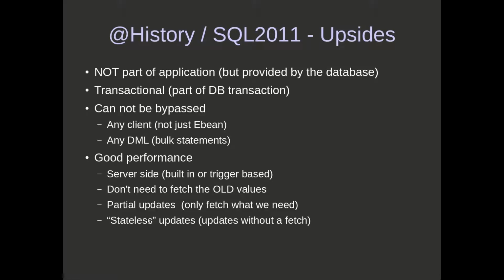So that means we can do two things that we really like to do with Ebean, which is partial updates: only fetch what we need, and then we're more efficient with the database. We can do the partial update. And the last one here is, hey, let's not even fetch from the database, just execute an update, stateless updates. And all of that is going to be in your audit logs, so that's good.